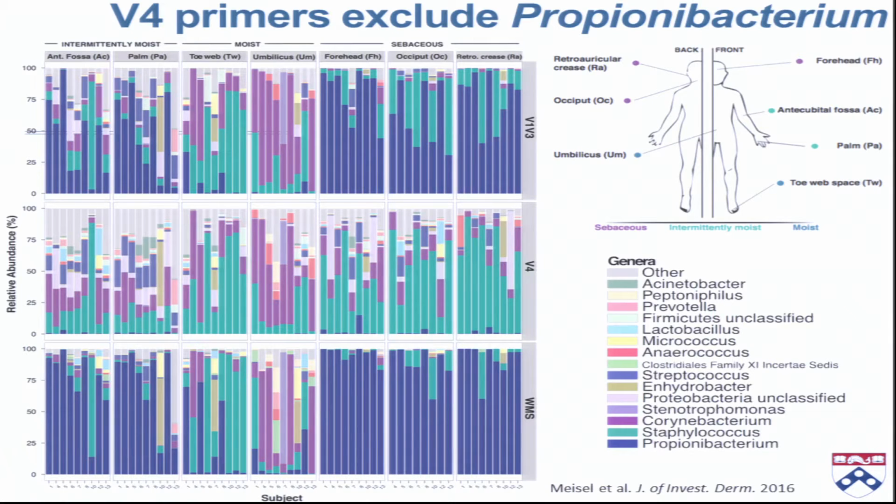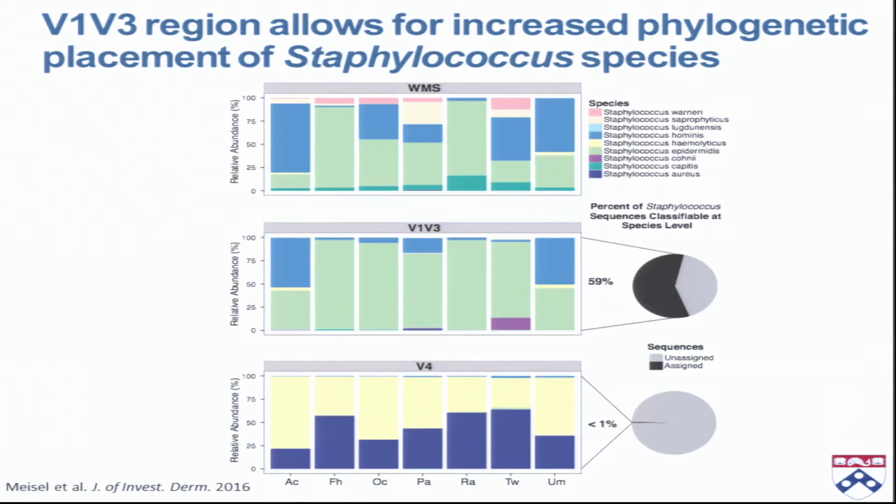You can see that here when comparing, while probably the best place to look is at these sebaceous sites where, with V1, V3 sequencing, you see a lot of this dark blue as with whole metagenome shotgun sequencing, but it's completely absent here when you're using the V4 primers. So that's important because Propionibacterium is very important for the skin. It's a huge component of the skin microbiome.